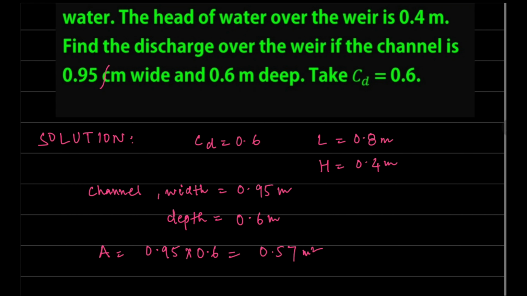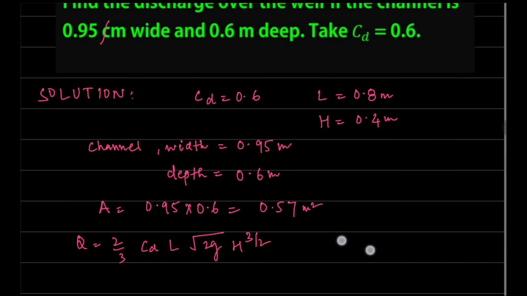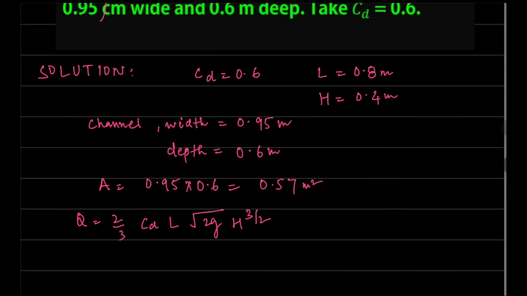Now, the velocity of approach will determine the discharge over the weir. So the Q value for this particular weir will be 2 by 3 CD multiplied by L multiplied by under root 2G H raised to the power 3 by 2. If we put all the values, we will get the Q value.